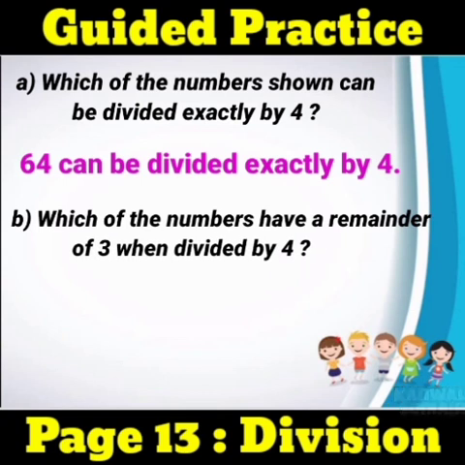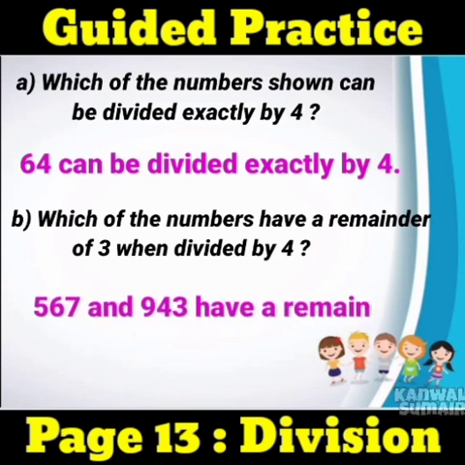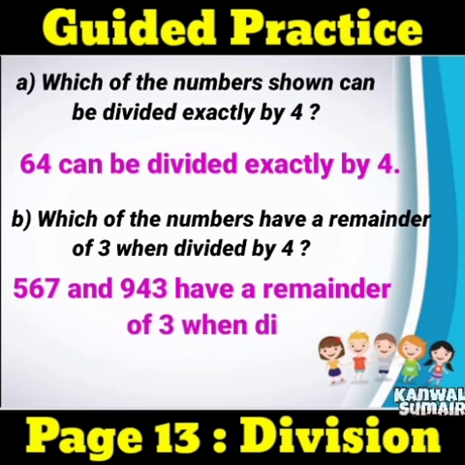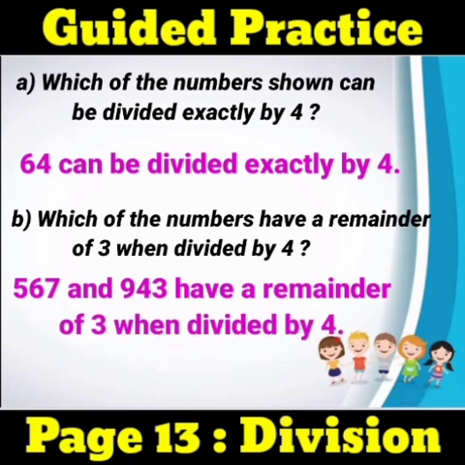As we solved and found, 567 and 943 have a remainder of 3 when divided by 4. We will not write about 733 in any of these answer statements because it's neither exactly divisible nor does it have a remainder of 3. So that is why we don't mention it in any of these answer statements.